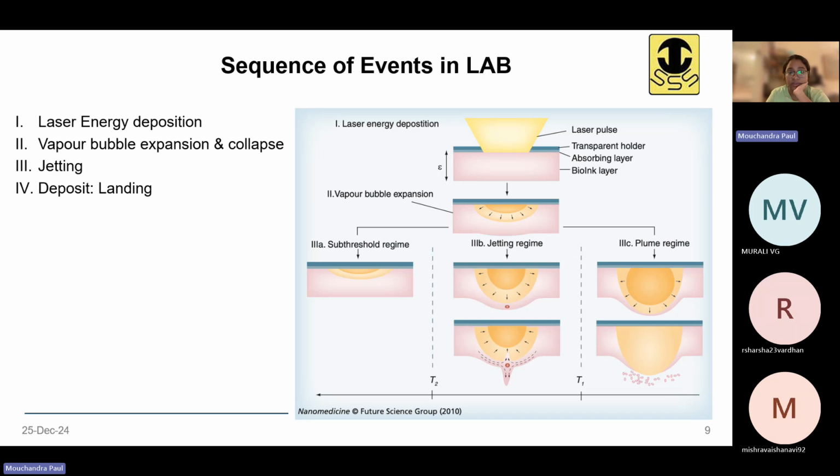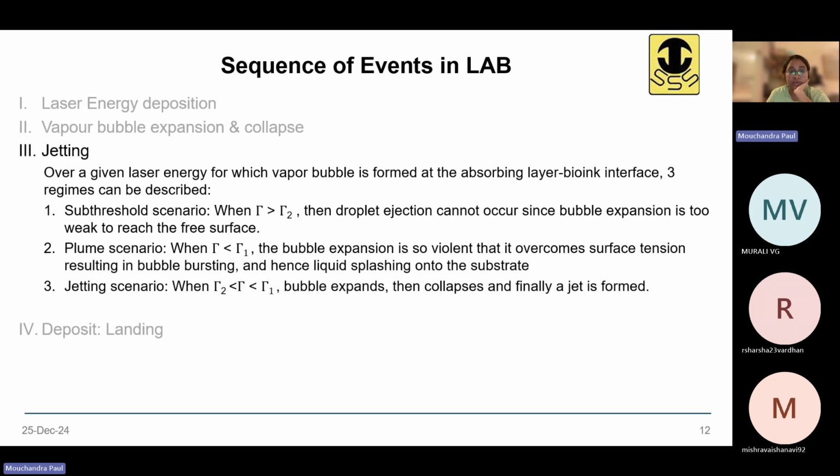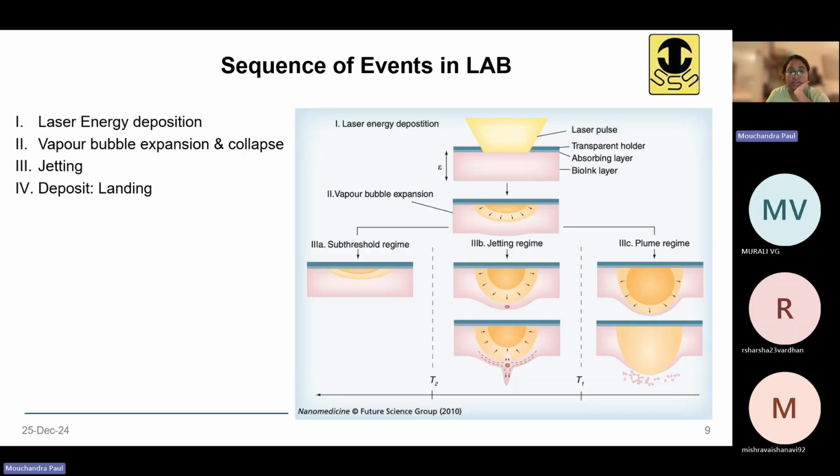If we stay within these two, that is, gamma greater than gamma 2 and less than gamma 1, in this sweet spot, we can expect the vapor bubble strength to be good enough to overcome the surface tension of the bioink layer, but in such a way that you get a stream of droplets. You do not get a splashing of droplets over the substrate.